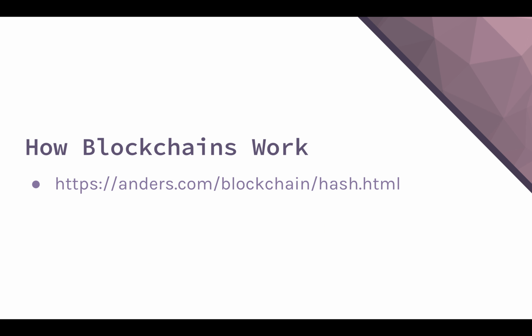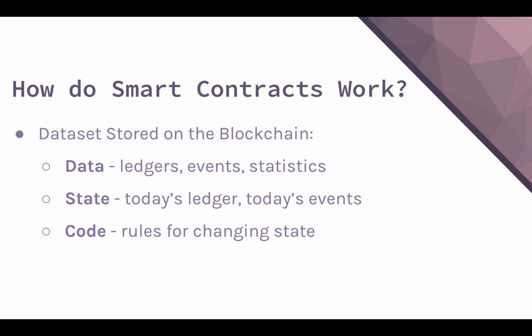So how do blockchains work? I encourage you to take a moment and jump over to this URL and mess around. This is a very interesting web page that will show you some of the mathematical operations on how the empirical data is enforced on a blockchain.